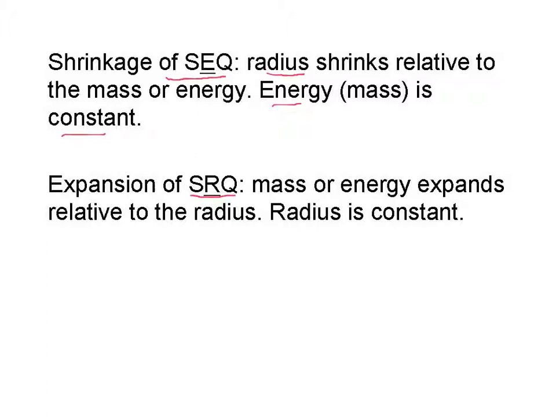So we see the dominance of energy in the small energy quantum, because with change, in this case shrinkage down to the particle size, we find that the energy or mass appears to stay in a constant value. Whereas the SRQ, the radius is dominant. So it's the mass or energy that expands relative to the radius, and the radius maintains its constancy.